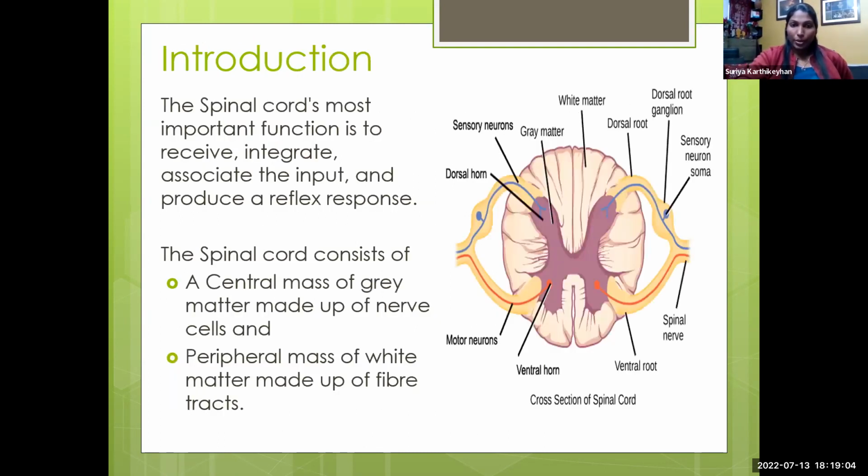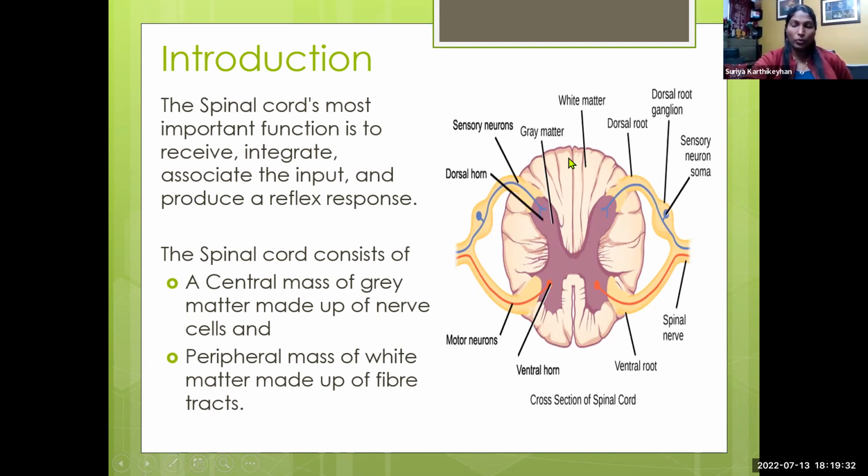Coming to the internal features, the spinal cord's most important function is to receive, integrate, and associate the input, and produce a reflex response. The sensory inputs are carried to the spinal cord through sensory neurons.